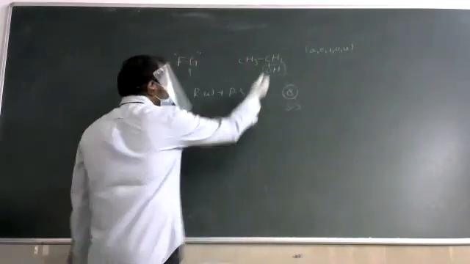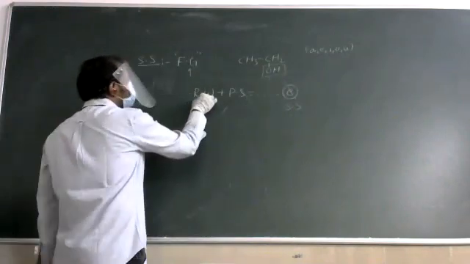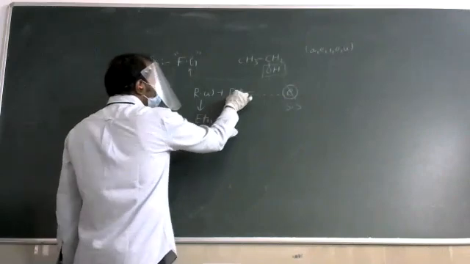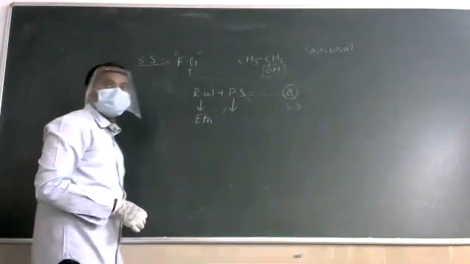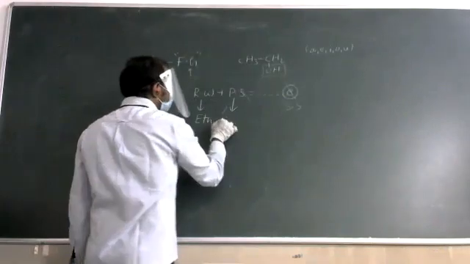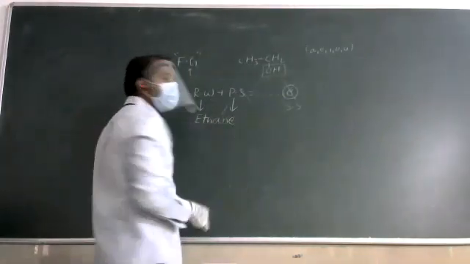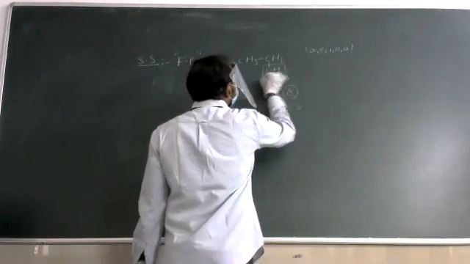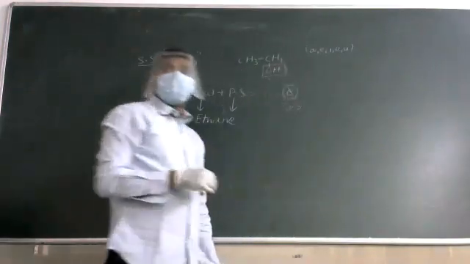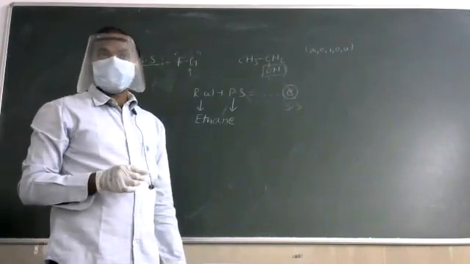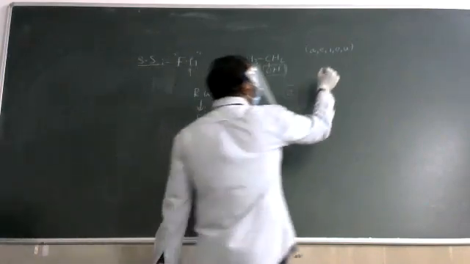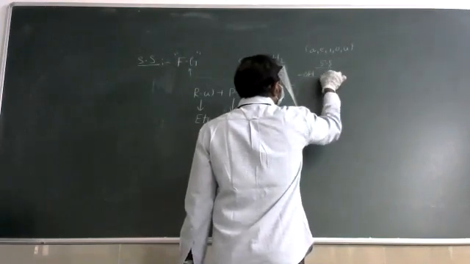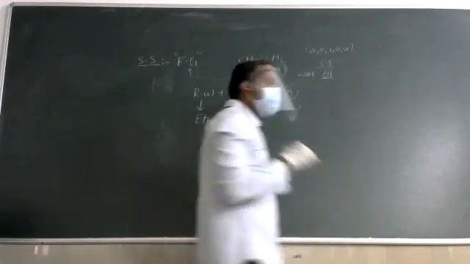For example, given an organic compound, what is the root word? Eth. What is the primary suffix? Carbon-carbon single bond, that is nothing but an. Here one functional group is there, that is alcohol. For alcohol, if the OH group is there, the secondary suffix is ol.